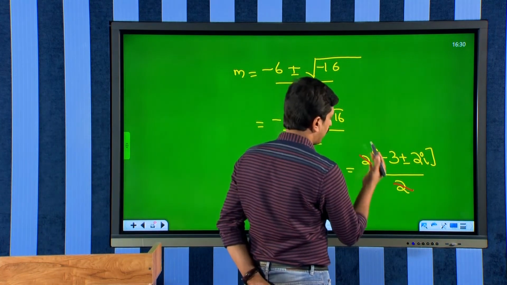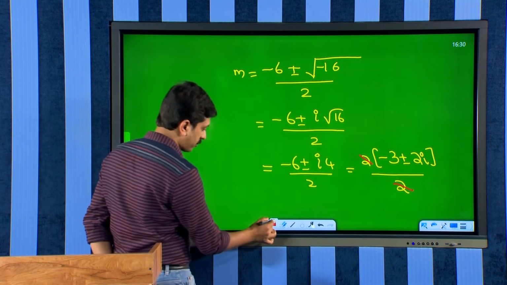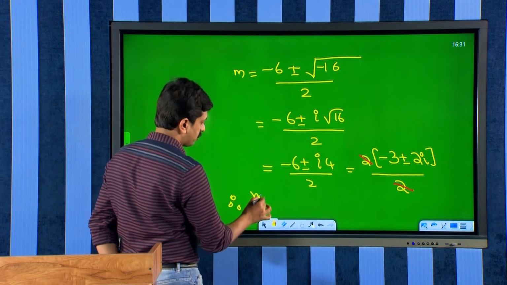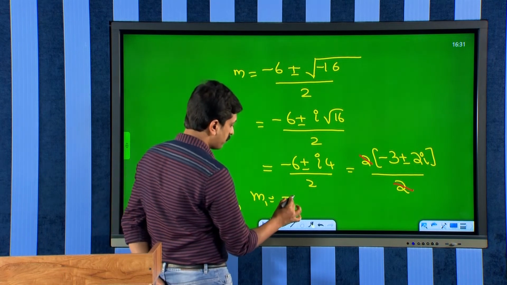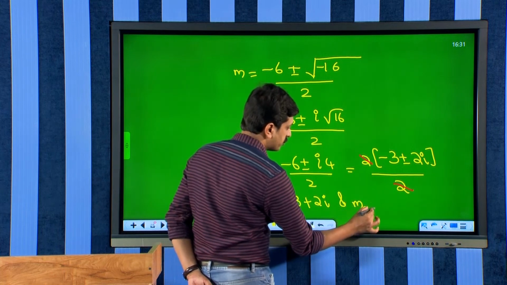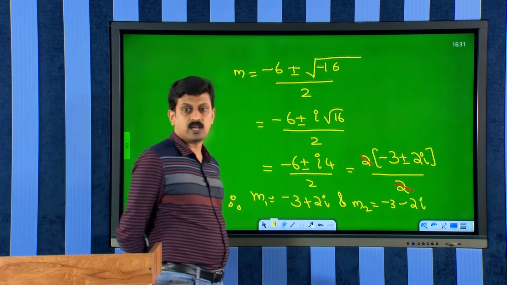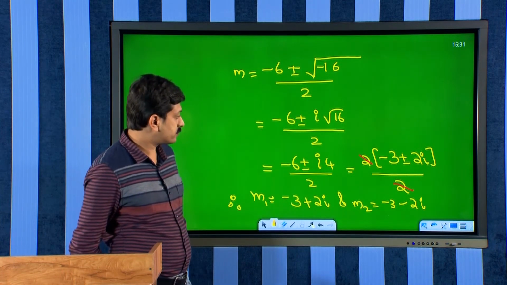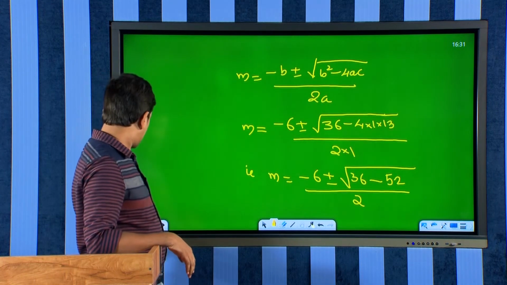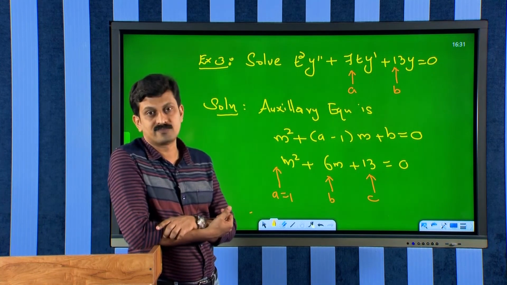Finally, we will have minus 3 plus or minus 2i. Therefore, m1 is equal to minus 3 plus 2i and m2 is equal to minus 3 minus 2i are the roots of the auxiliary equation m square plus 6m plus 13 equal to 0.